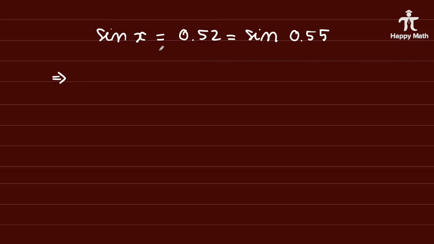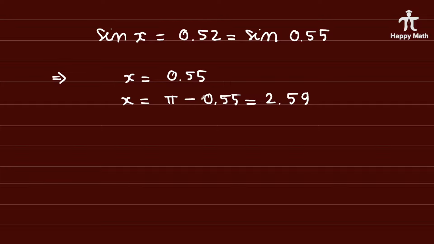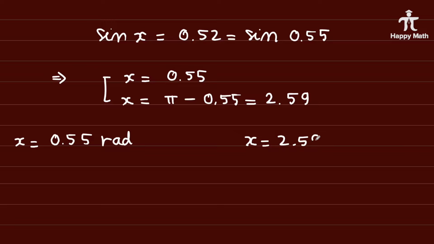And the relationship is sin h equal to sin 0.55, so the first one will be 0.55, and the second one will be pi minus 0.55, which corresponds to 2.59. So the first solution for this equation will be 0.55 radian, and the second one will be 2.59 radian.